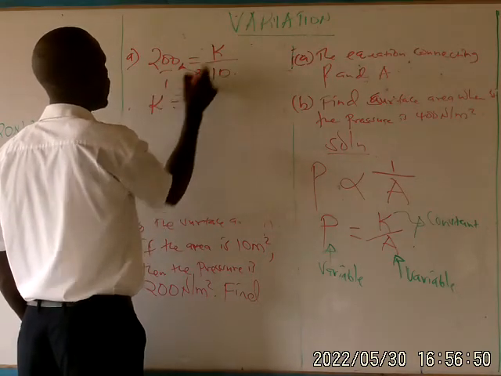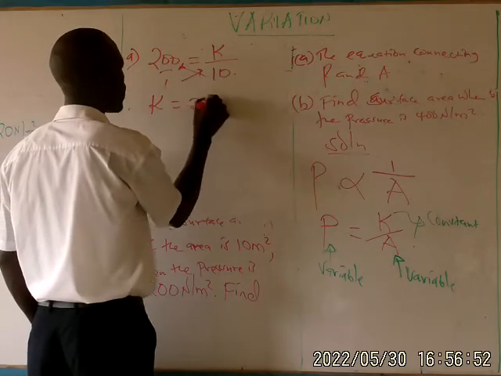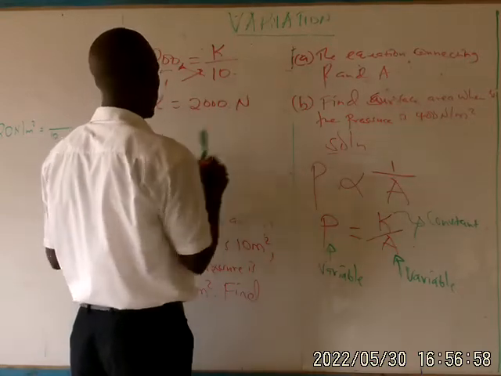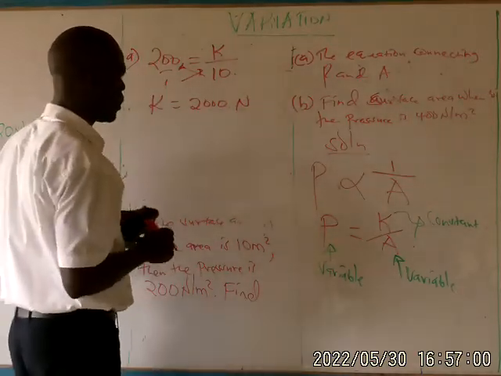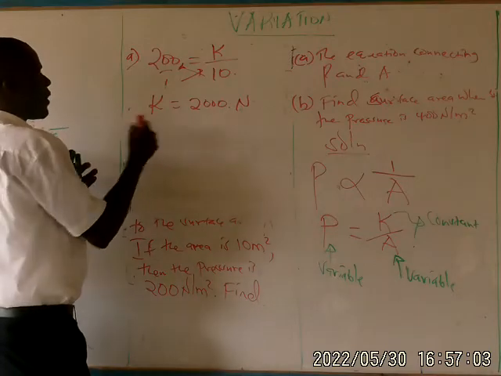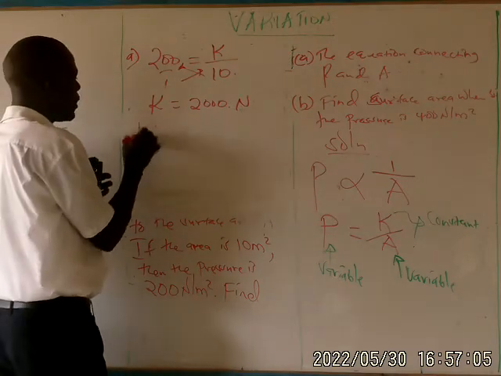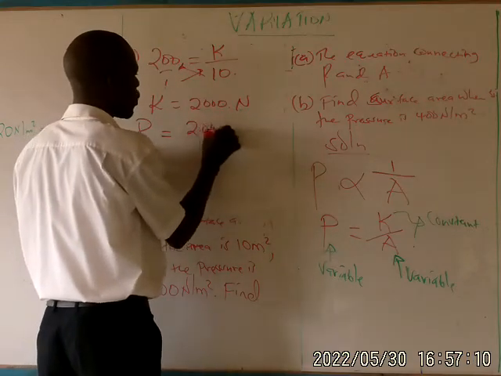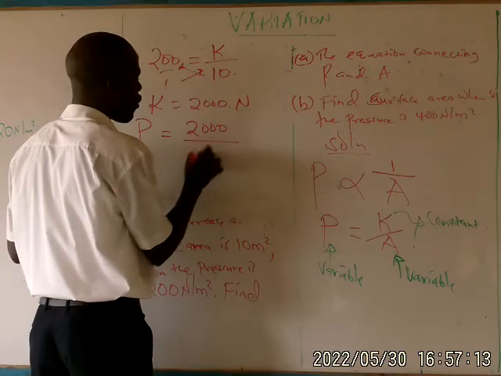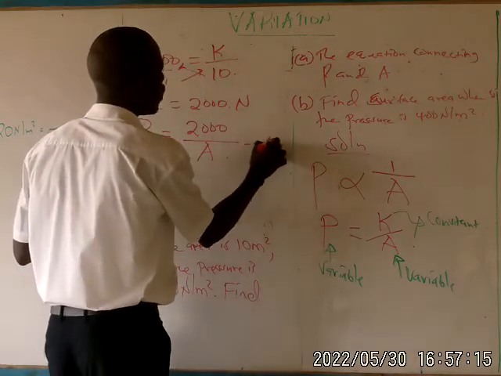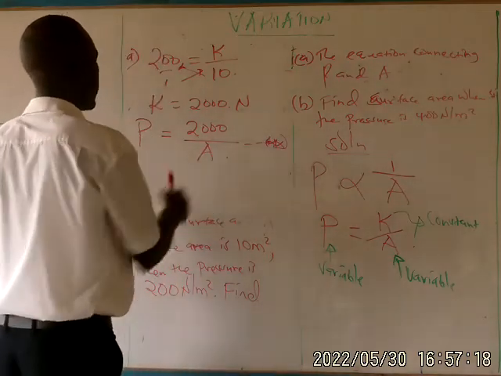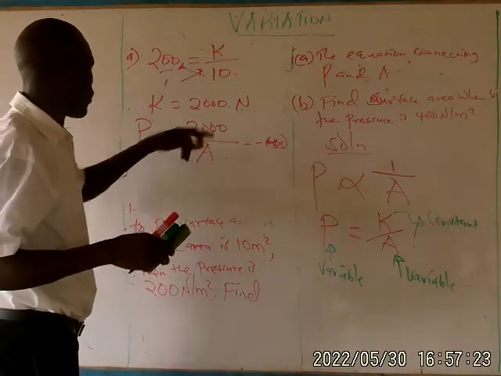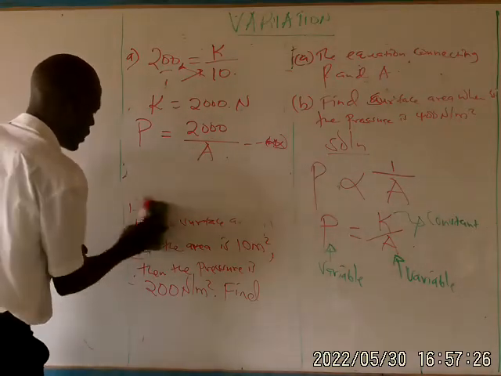Therefore, K times 1 is K, and 200 times 10 is 2000. The K will be in newtons. Now, that's the value of K. Therefore, the right equation is P equals 2000 over area A, since K is a constant. This is the equation connecting P and A. This value P will depend on A.